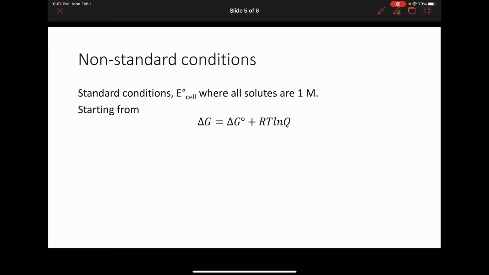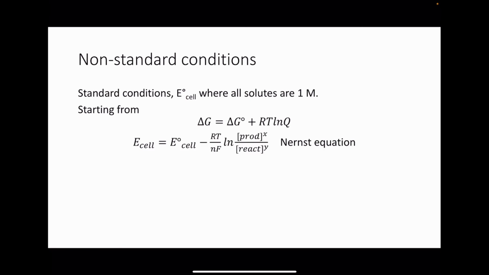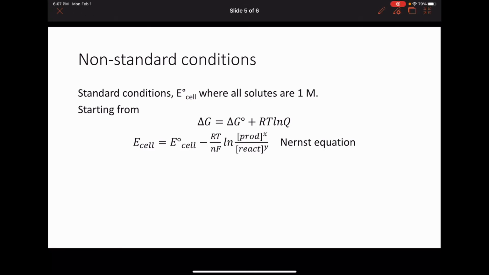Well, we have this idea that free energy is equal to the standard free energy plus RT natural log of the reaction quotient. If we're not at equilibrium, we have a reaction quotient, and it's moving towards that delta G naught. We can then substitute in, do a little bit of math, and get minus NF E naught.